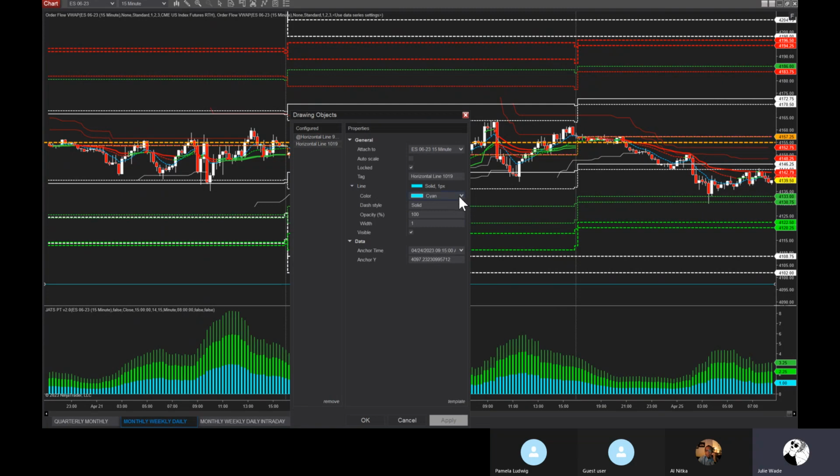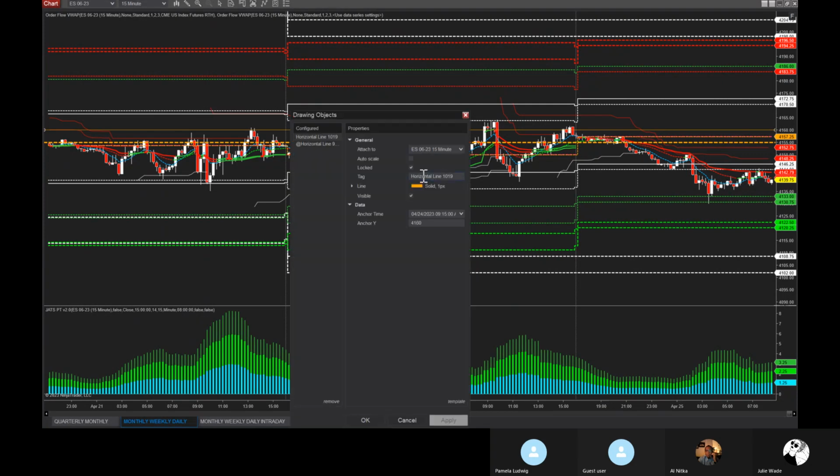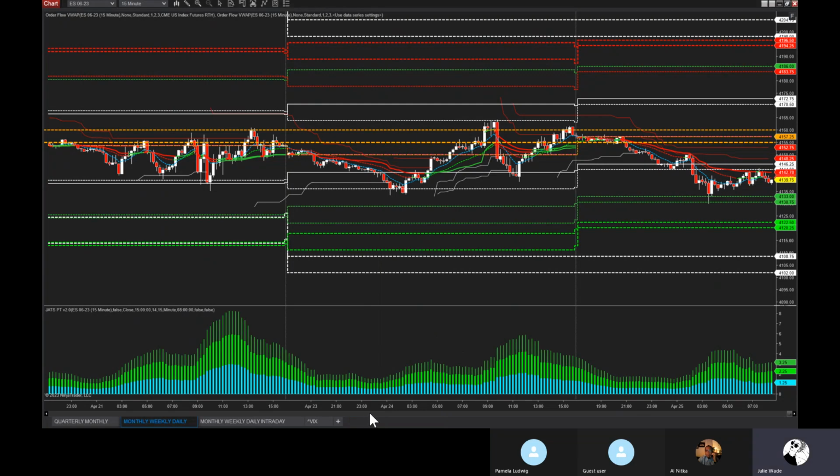So I'm going to make this orange. All right, so there is the center of gravity for the wands. So if we go back inside, that'll be a good place to look.